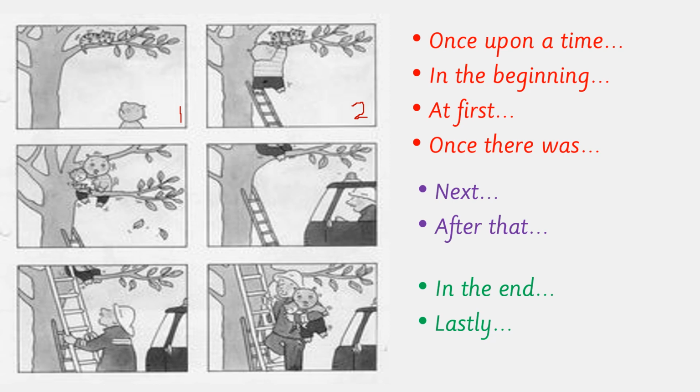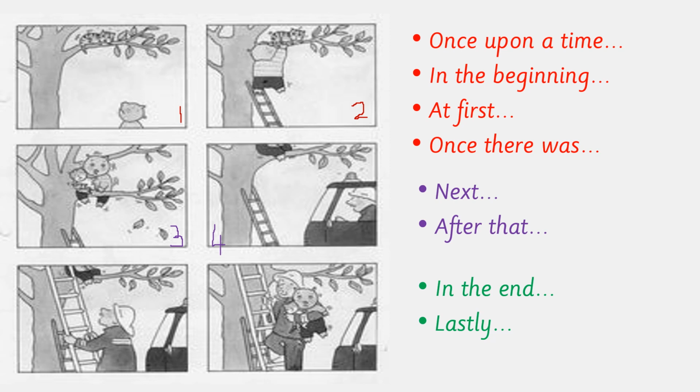Okay, so once you've done your beginning, leave a line open. Then you come to the middle part of your story, and that would be picture number 3 and picture number 4. Okay? And here you could start with next, or after that, to say what happened next, what happened in the middle of the story. Okay? So again, write 3 or 4 sentences about what you can see happening in pictures 3 and 4.